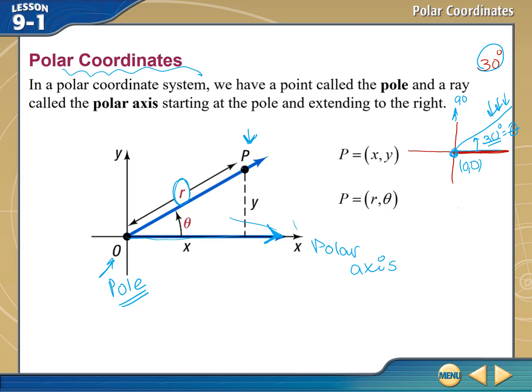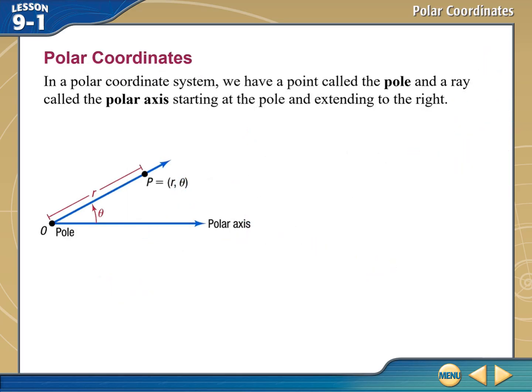So it is the distance from the pole to the desired point P. Try to understand. Now this point has two coordinates, r and theta. Rather than x and y, now you have r and theta. And again, what is r? r is the distance from the pole to the point P. Okay, and theta is the angle in the anti-clockwise direction.